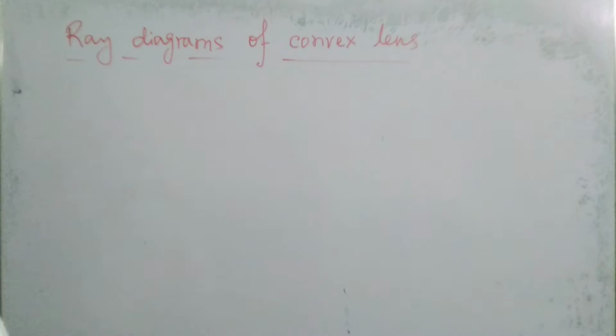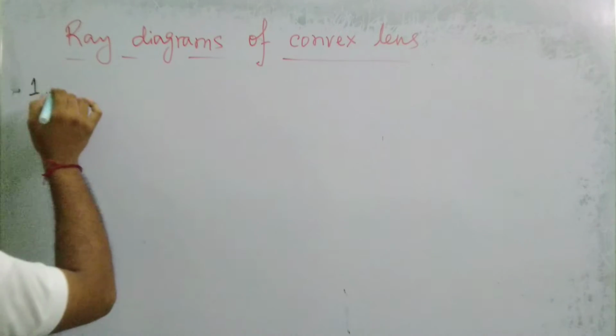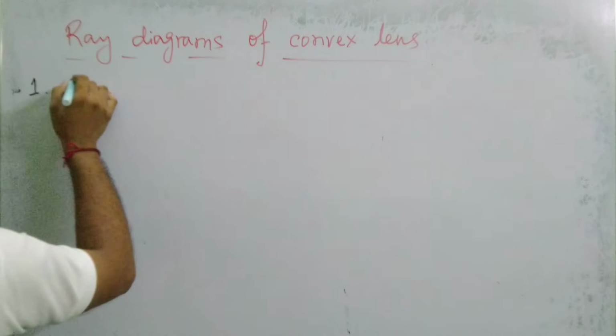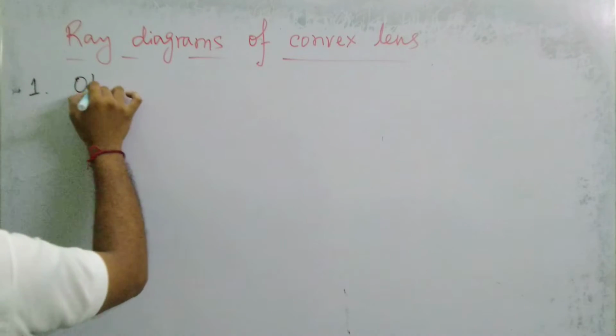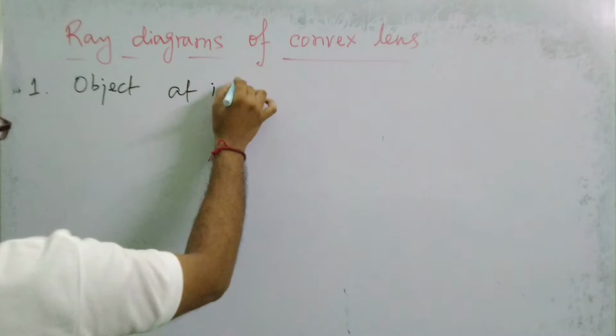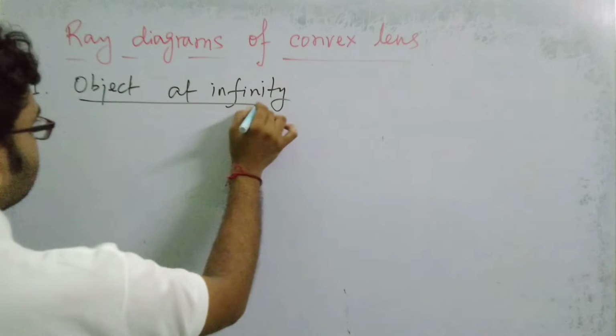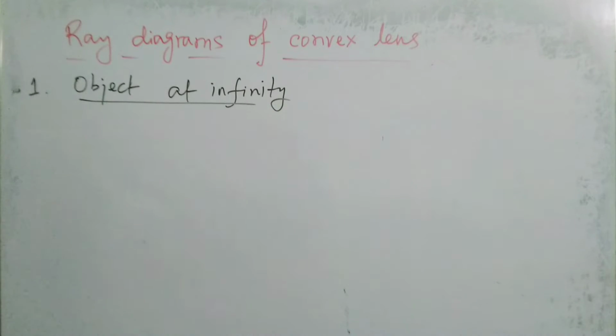So the first figure we will be drawing is with the object at infinity. So this is the first case. Let us see where the image is formed while the object is at infinity.